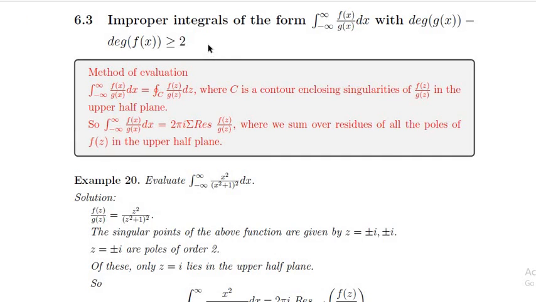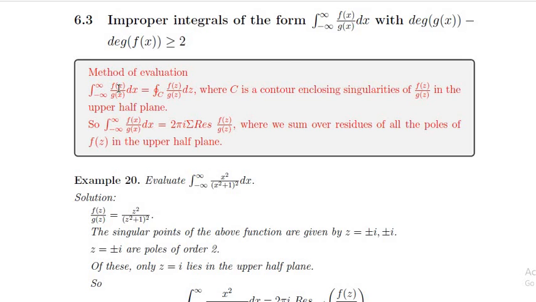Next type of real integral is the improper integrals of the form integral minus infinity to infinity f of x by g of x dx with degree of g(x) minus degree of f(x) greater than or equal to 2. So we can find the method of evaluation.